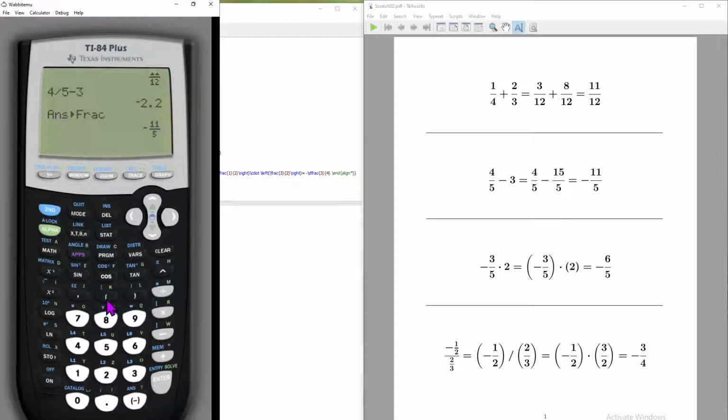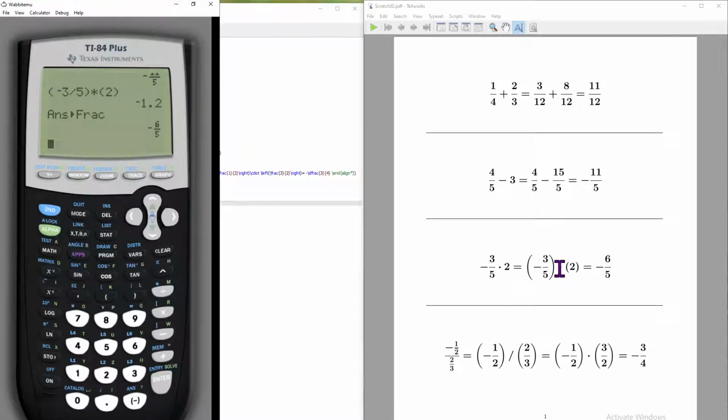When I enter into the calculator, I put parentheses around -3/5, so that's one fraction, and I'm multiplying it with the other fraction, which is just a whole number, 2. I enter into the calculator like this. It gives me -1.2 as a decimal, but then I convert it to a fraction, which is -6/5, which is the correct answer. Because when you multiply, the whole number only multiplies into the numerator, and the denominator stays the same.